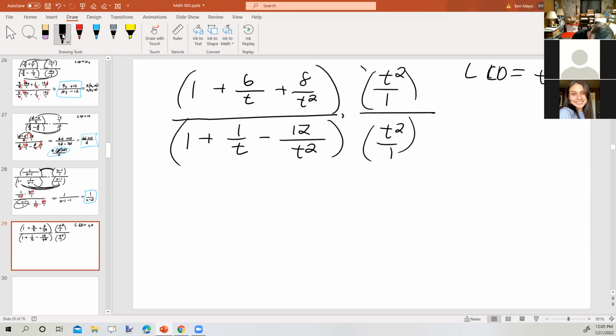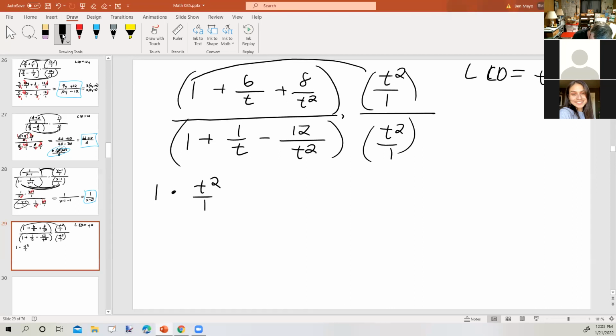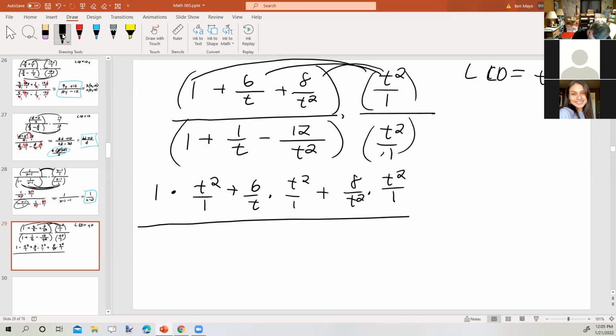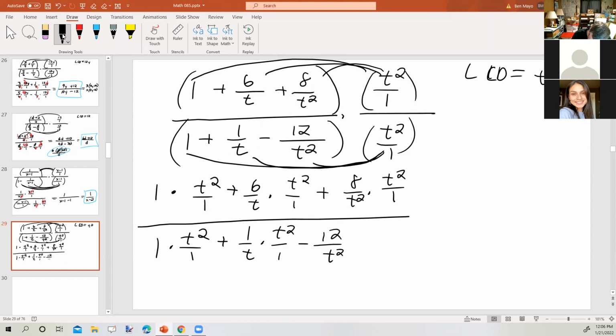So we're going to get 1 times t squared over 1 plus 6 over t times t squared over 1 plus 8 over t squared times t squared over 1. In the denominator, we're going to get 1 times t squared over 1 plus 1 over t times t squared over 1 minus 12 over t squared times t squared over 1.